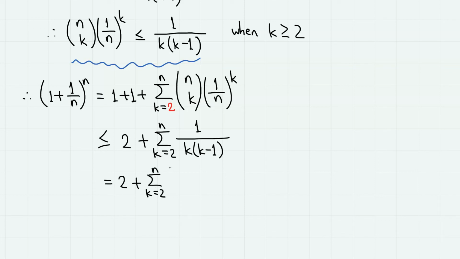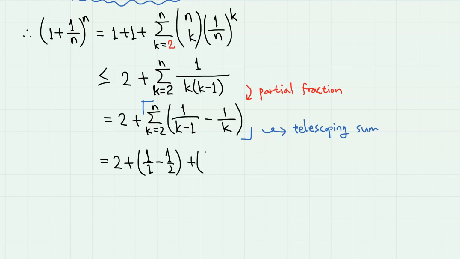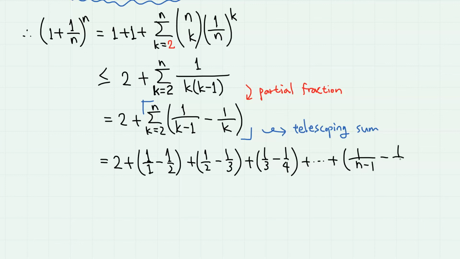And we can write this part as 1 over k minus 1 minus 1 over k, which is the trick called partial fractions. Then this part becomes a telescoping sum, which means we have 1 over 1 minus 1 over 2, then 1 over 2 minus 1 over 3, then 1 over 3 minus 1 over 4, all the way up to 1 over n minus 1 minus 1 over n.